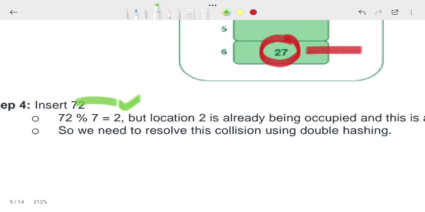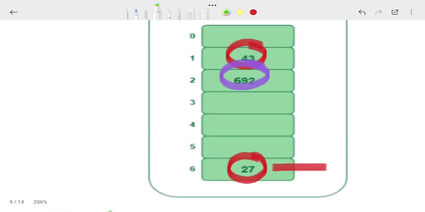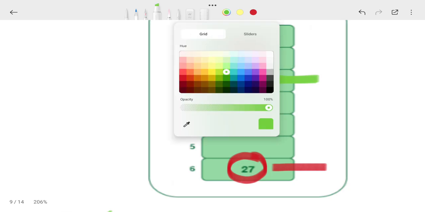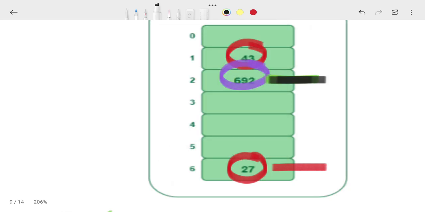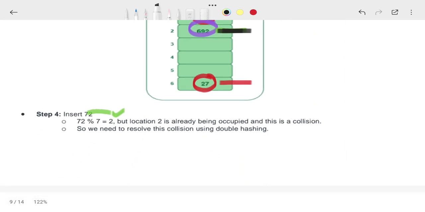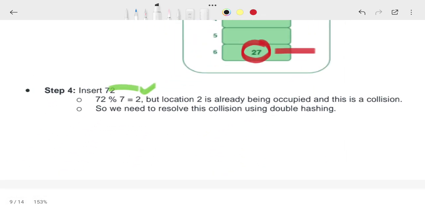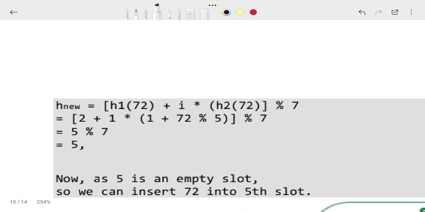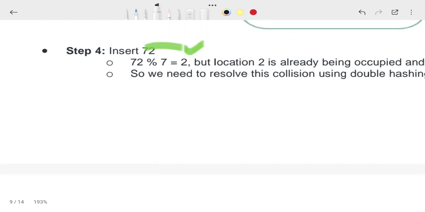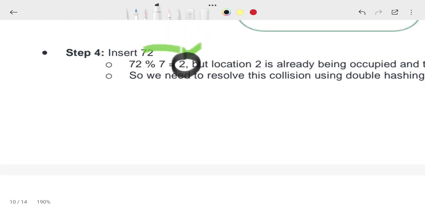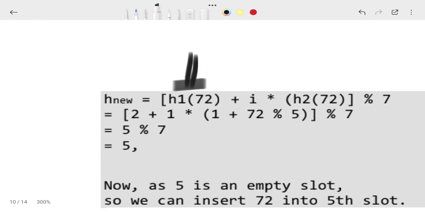Now at 2 there is already data, not possible. Whenever a problem is coming, I will go to double hashing. Dividing by 7, I got 2, so this 2 I place here.